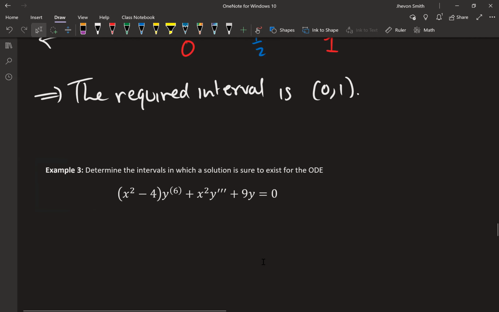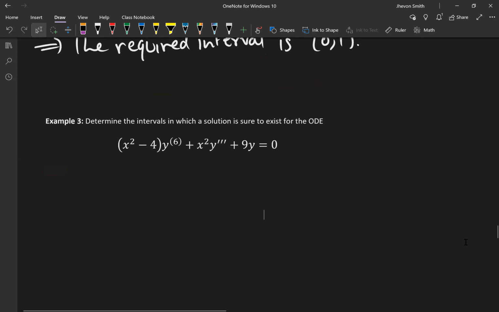This one is a little bit more general. Determine the intervals, plural, in which a solution is sure to exist. So here I didn't give you an initial condition. You only had to find all the intervals. And here, again, you do the same thing.